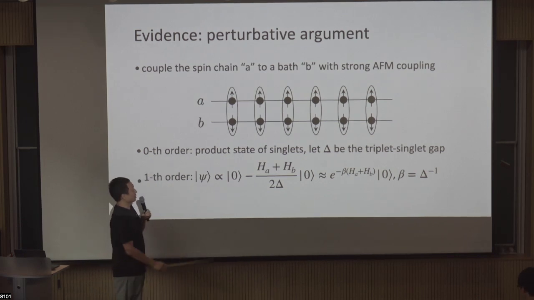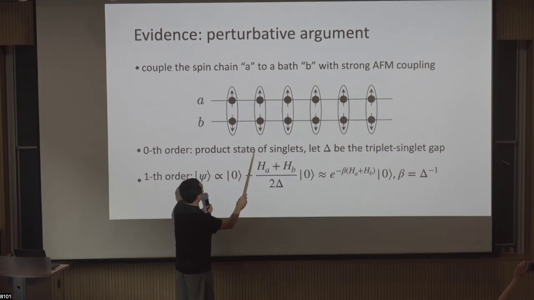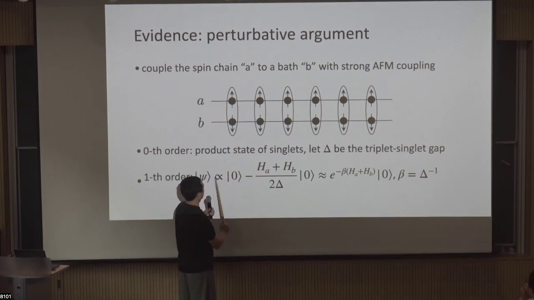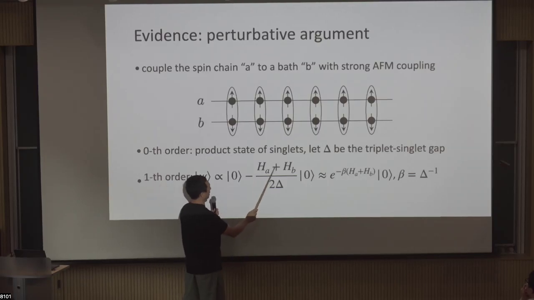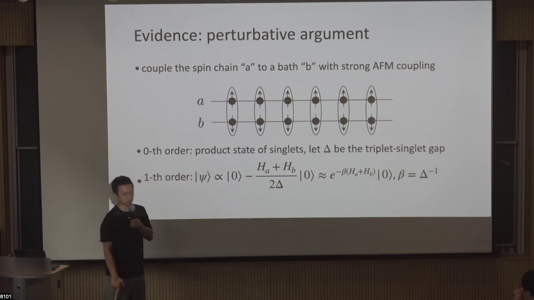The first excited state will have to flip two singlets to triplets just to preserve the total SO(3) symmetry. According to the textbook formula, the first correction to the state will be proportional to delta H, HA plus HB, acting on the ground state and divided by the energy gap.